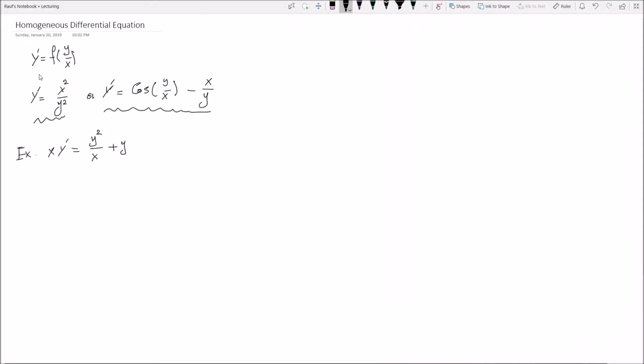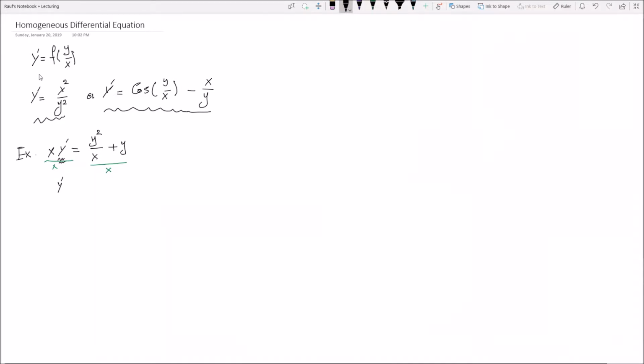So firstly, as we spoke before, you start by isolating the y prime on one side of the equation and the rest of the x and y expressions on the other side. In this case, we divide over x on the left side of the equation and over x on the right side.